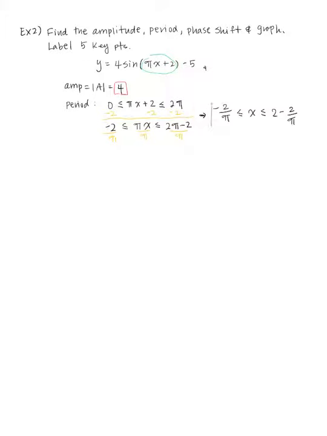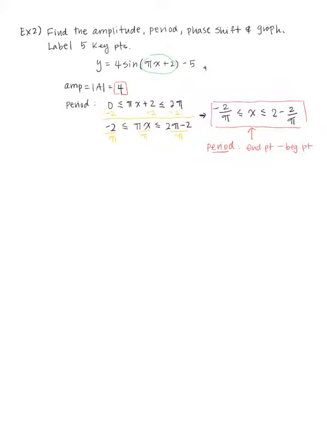Okay, now if we want to determine the period, so this will be the graph of one cycle. So one cycle better be between these intervals. So to determine the period, all you have to do is take the endpoint minus the beginning point.